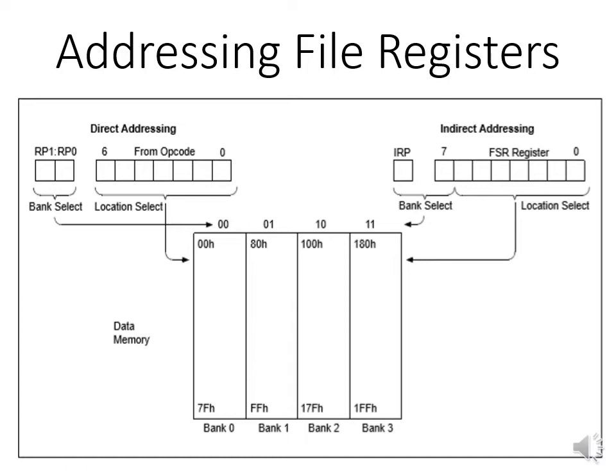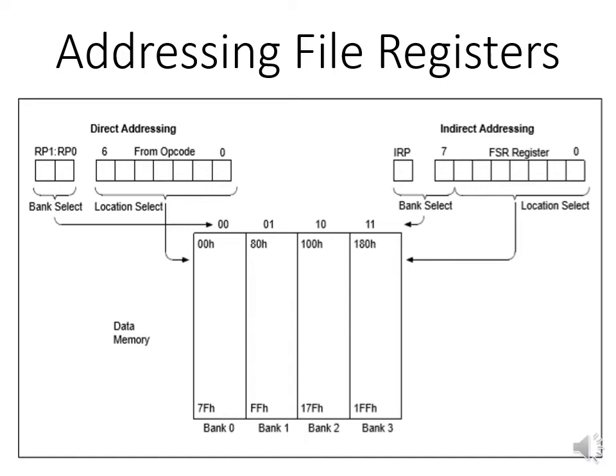This means that before we access a particular register, we need to set the register bank select bits RP0 and RP1 so as to indicate the bank in which that register is located. For indirect addressing, the pointer register supplies the lowest 8 bits of the address.